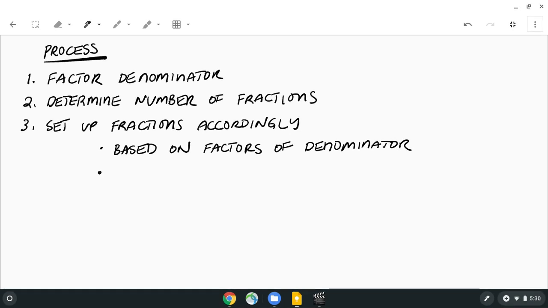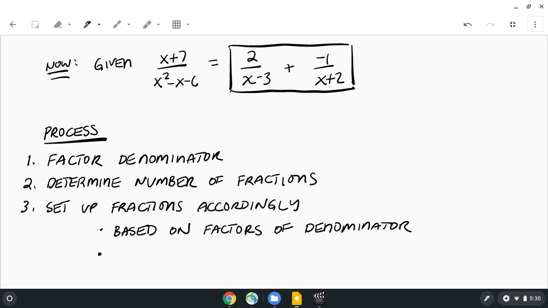See how we have the 2 over x minus 3 plus the -1 over x plus 2?